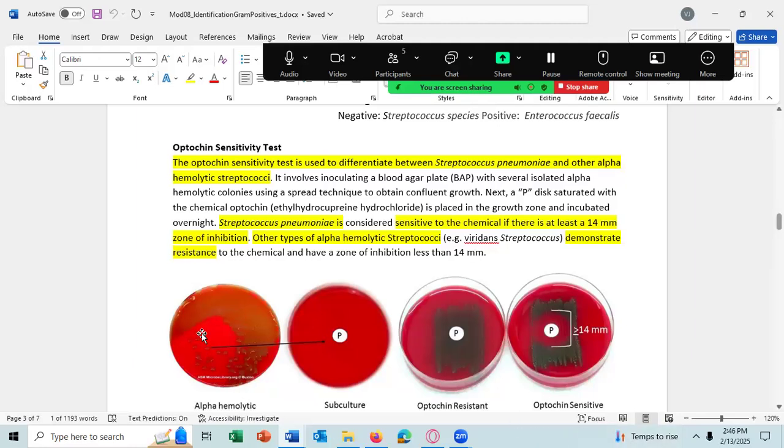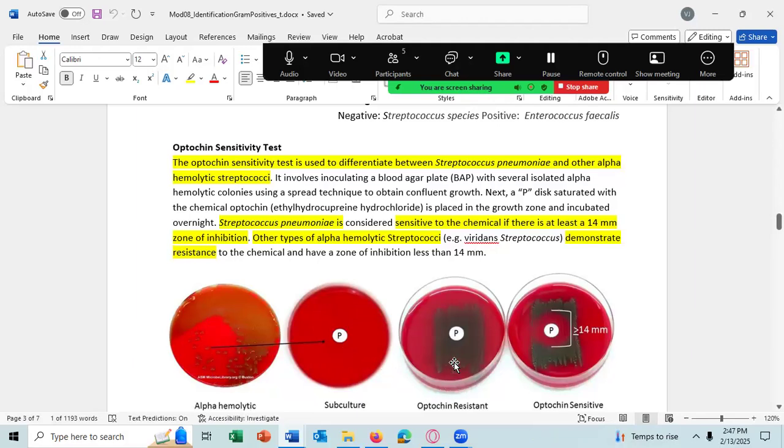If it shows alpha hemolysis, you can run the optochin sensitivity test by taking the bacteria, streaking it out on the blood agar plate, and then putting a paper disc saturated with the optochin antibiotic.